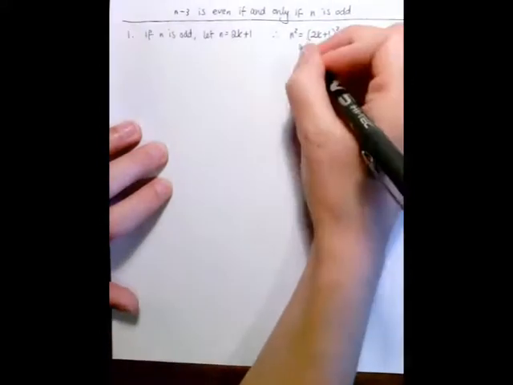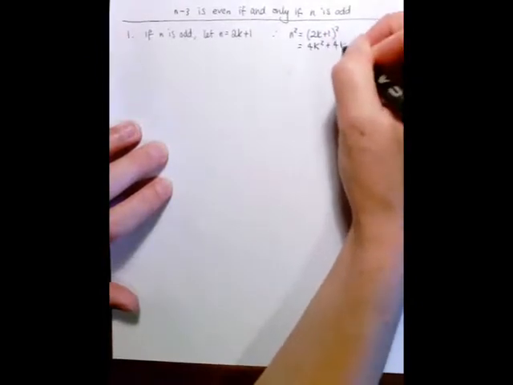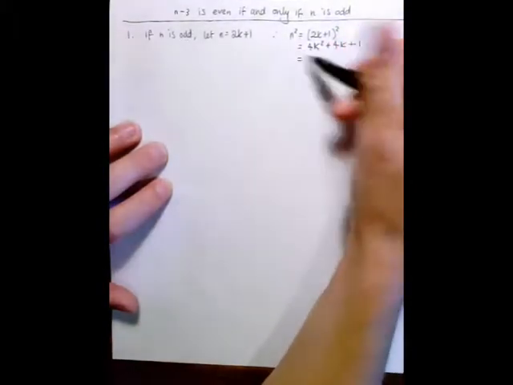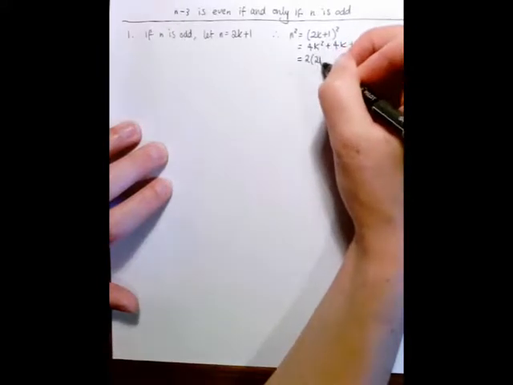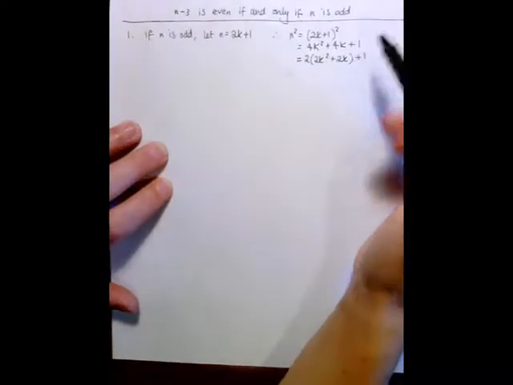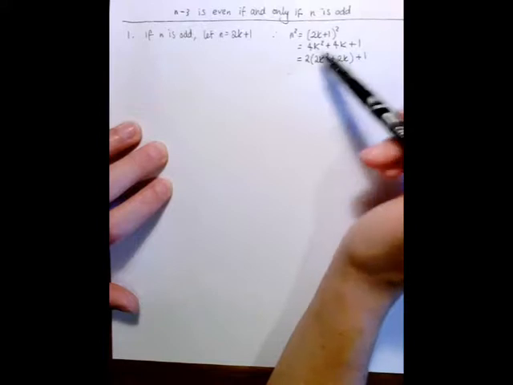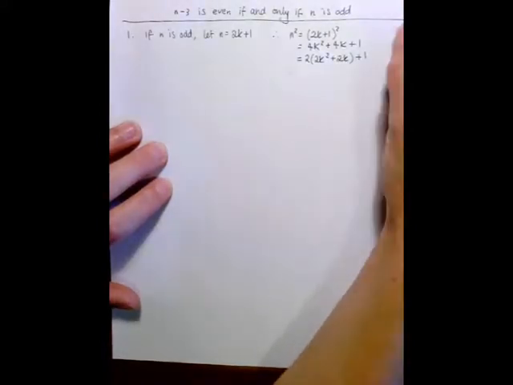If we expand that out, we would get 4k squared add 4k add 1. And then you could write this as 2(2k squared add 2k) add 1, because that shows that it's odd, because it's 2 multiplied by a value, and then you add 1 to it. Therefore, it's odd.